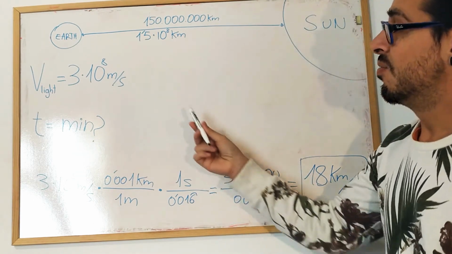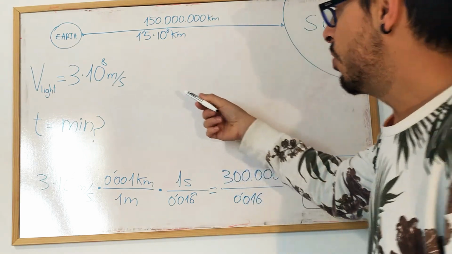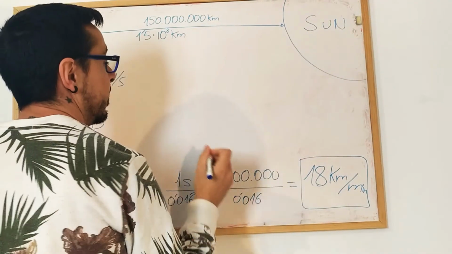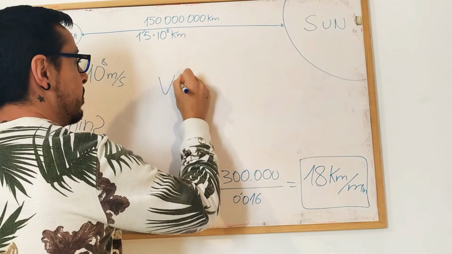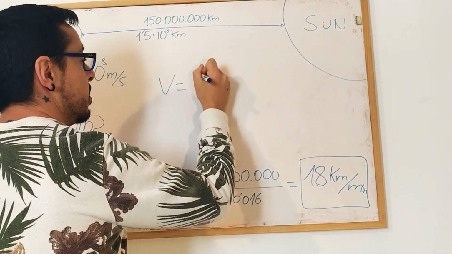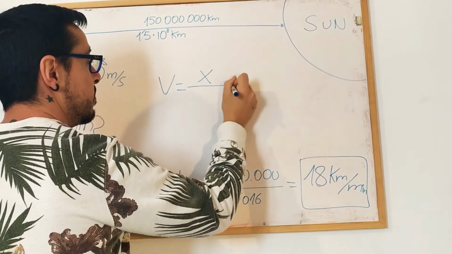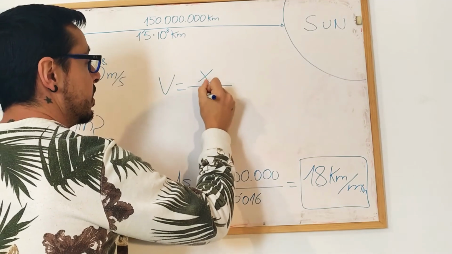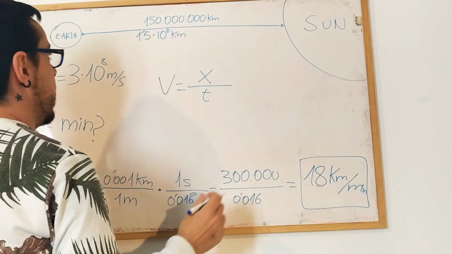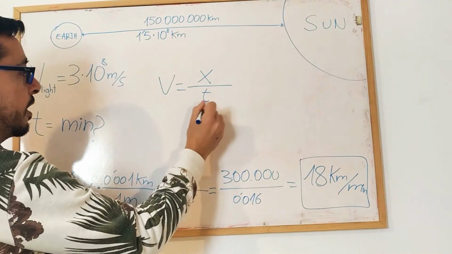And now, with the formula of speed, of velocity, we can calculate it. So we know that velocity equals position or displacement divided by the time. We have to calculate time.